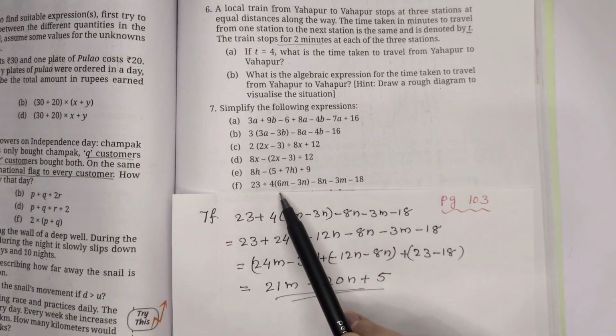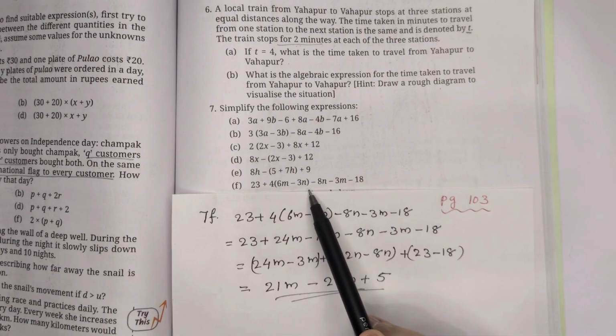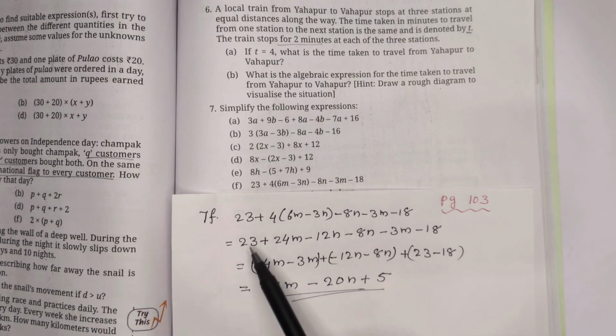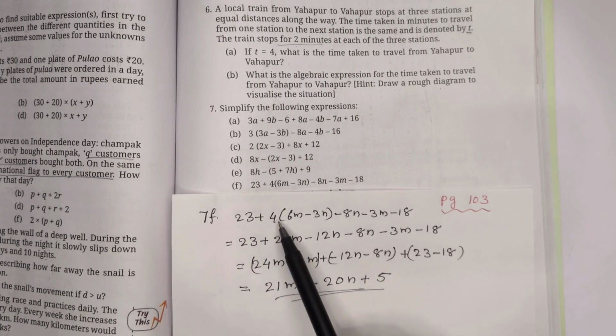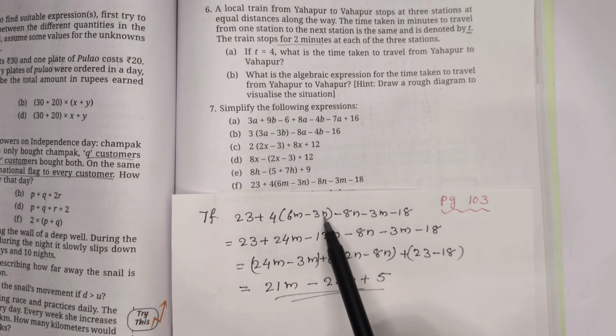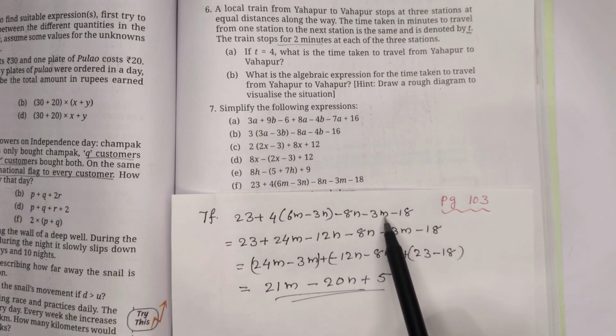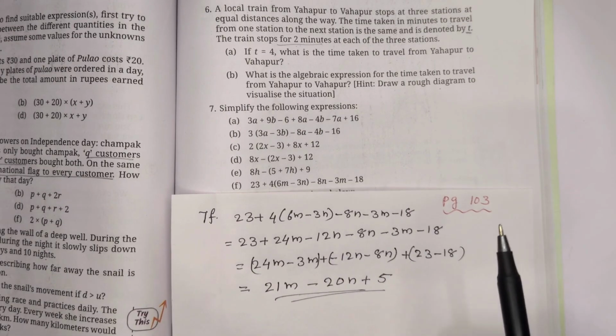F1, 23 plus 4 into (6m minus 3n) in bracket. Open the bracket. 23 plus 4 into 6m, 6 into 4, 24m. 4 into minus 3n, minus 12n. Then minus 8n minus 3m minus 18.